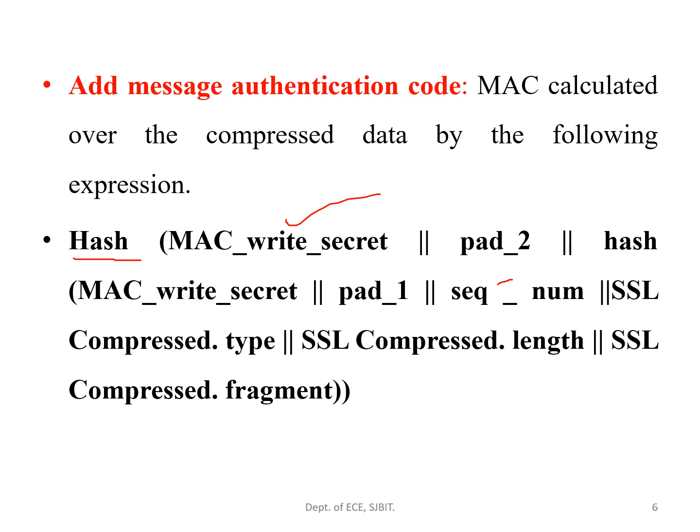Here we have to consider the compressed type, compressed length, and compressed fragment. Then the sequence number and the MAC write secret are considered for the hash function.